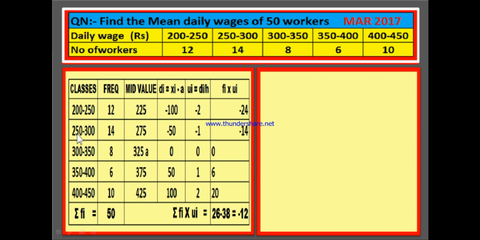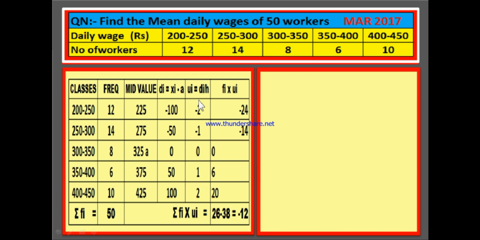If the classes are in ascending order, please keep in mind, corresponding to the assumed mean value, that is A value, in ui column you write 0, and above 0 you write -1, -2, -3, -4 like this, and below 0 write +1, +2, +3, +4 like this, provided the classes are in ascending order.